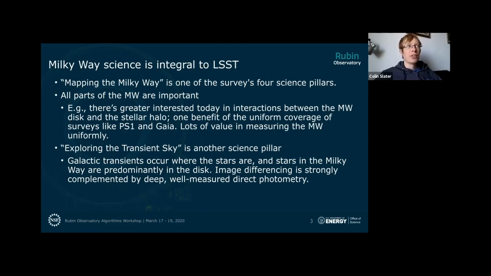We normally say that the primary way for extracting this transient information is through image differencing, and the project is committed to doing image differencing all through the plane. We've said that for a long time. I think a lot of that science was strongly complemented by having a deep, well-measured direct photometry of those same areas, so we can put this all on the same basis.